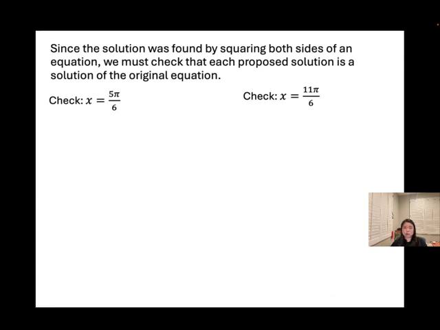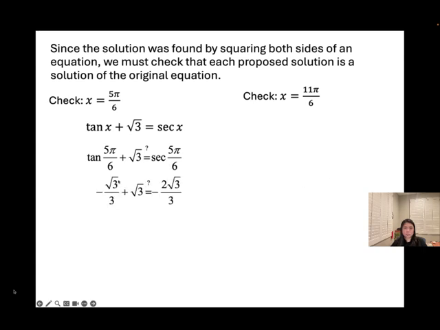You're going to put it back into the original equation. Okay, I'm going to plug in x equal to 5 pi over 6 for both of them. Let's check if this is a true solution. That will be negative root 3 over 3, and this is going to be negative 2 root 3 over 3.